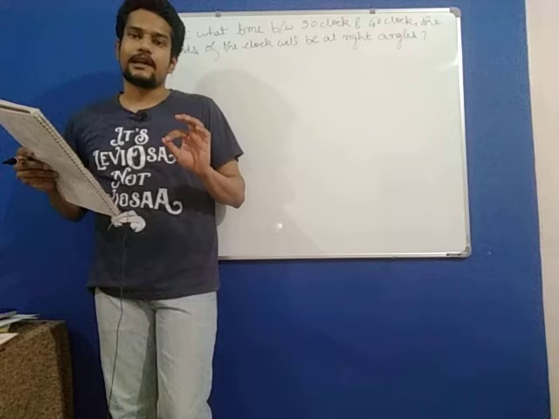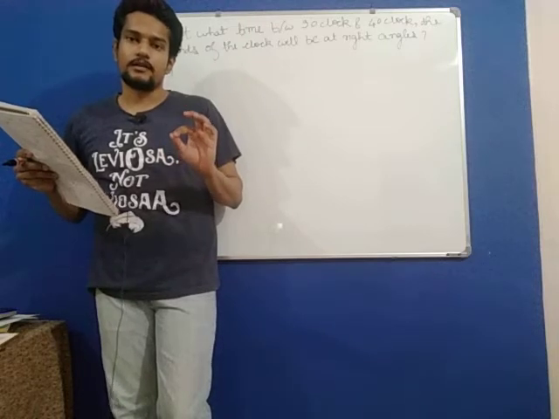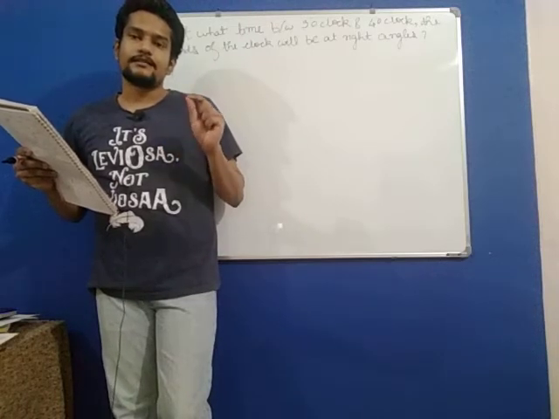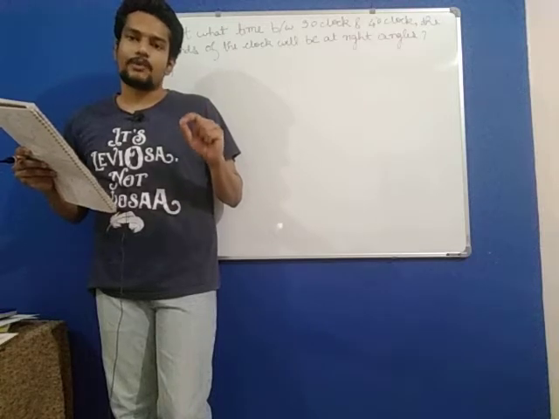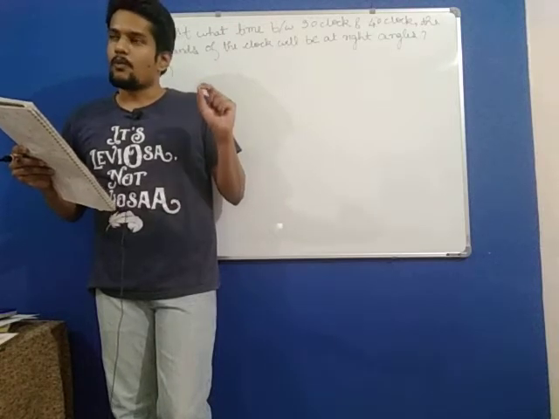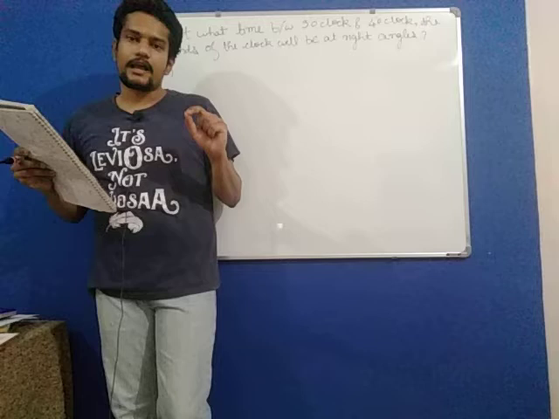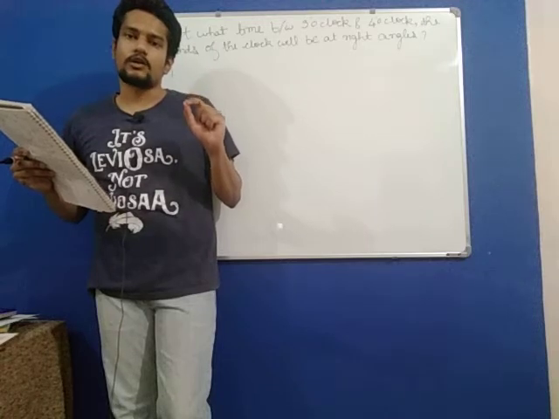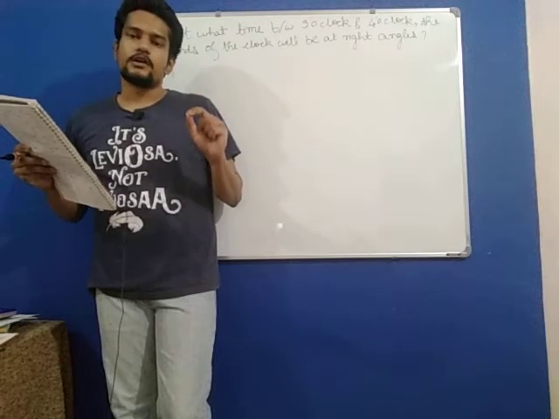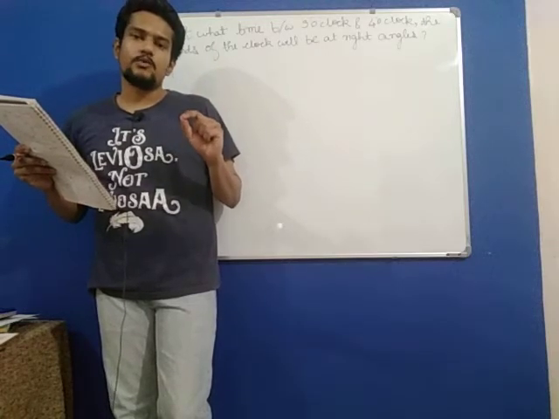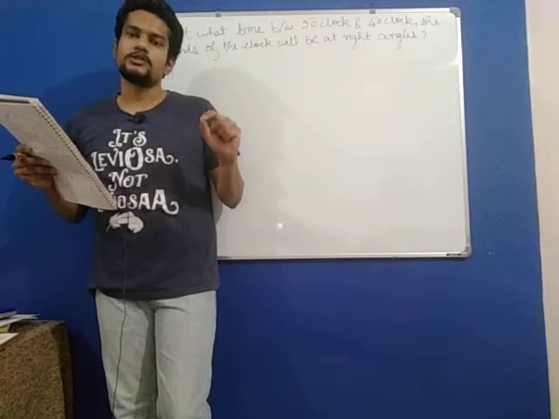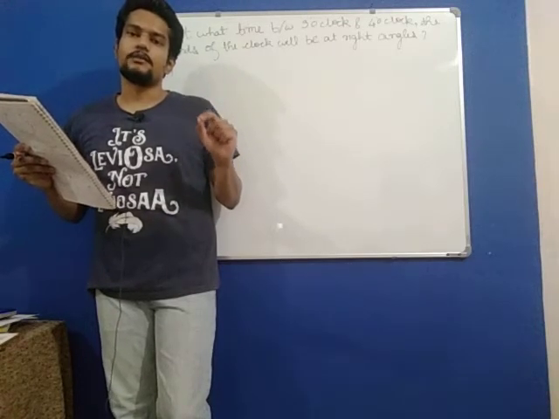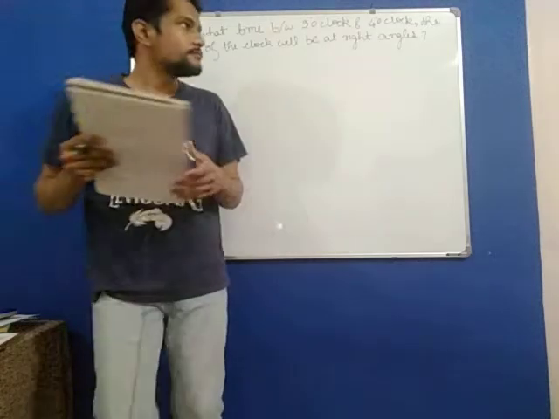If we recall that diagram, the hands will be at right angles once at 3 o'clock and once between 3 o'clock and 4 o'clock. So in this case, there will be only one time instant between 3 o'clock and 4 o'clock at which the hands will be at right angles to each other.